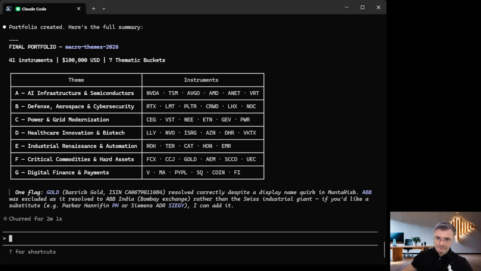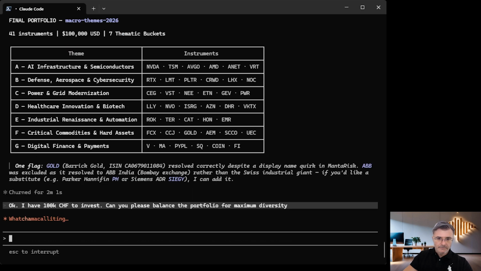So here, I'm just going to say, okay, I have 100K CHF to invest. Can you please create a balanced portfolio for maximum diversity? All right, let's do this.